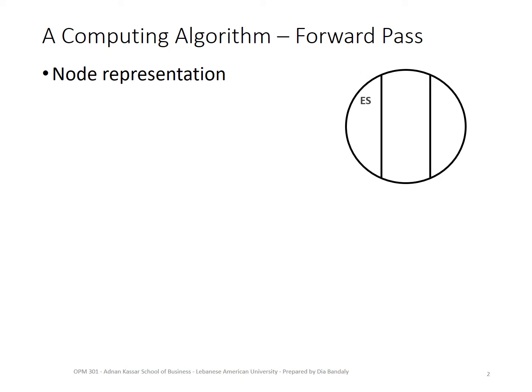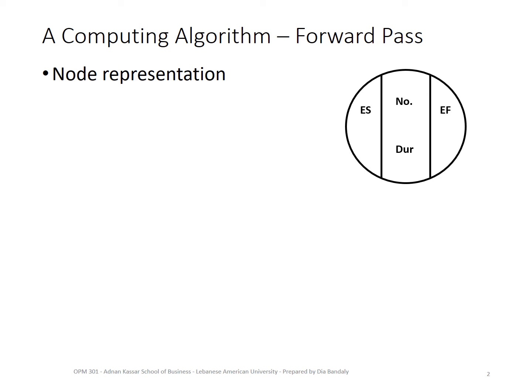On the left hand side, we're going to find the early start and later the late start. In the middle, we're going to write down the activity name or letter, and on the right hand side the early finish and the late finish. But since now we're doing only the forward pass, we're going to find only the ES and the EF. By the way, we're going to show the duration also in the middle part.